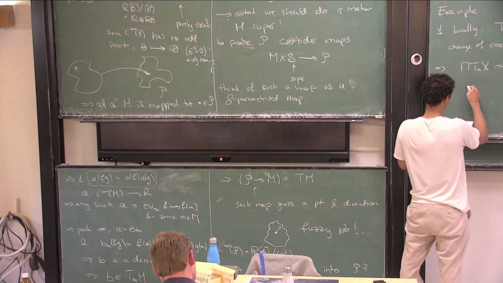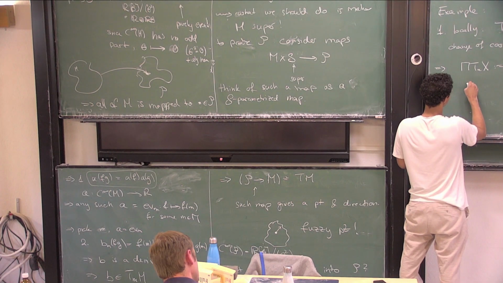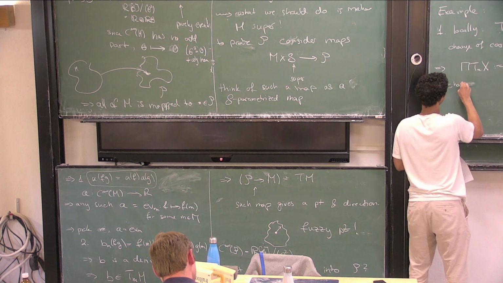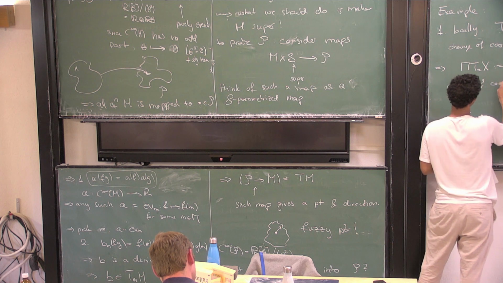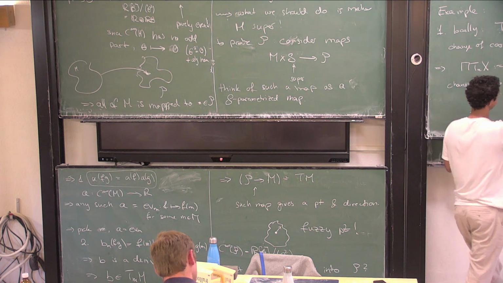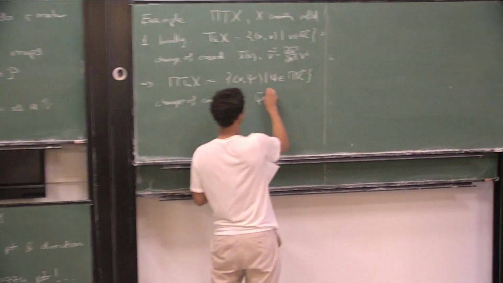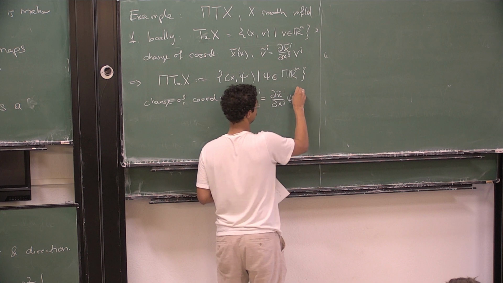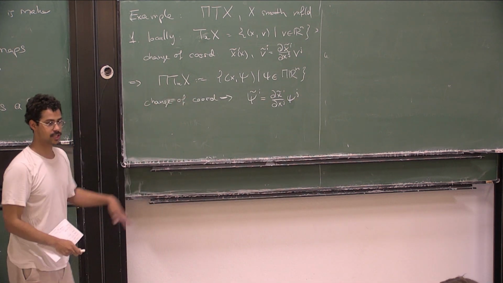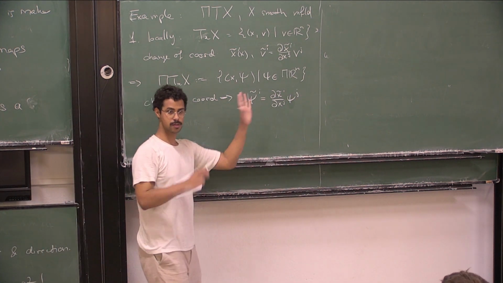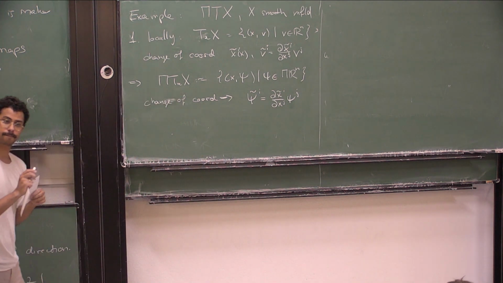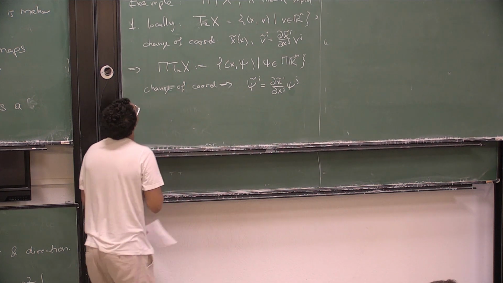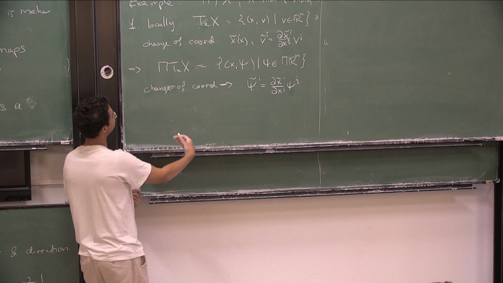But then we want to glue these changes of coordinates, so we define psi to transform in the exact same manner. This is enough to glue these things nicely together, so we can take this as our definition in terms of local charts.